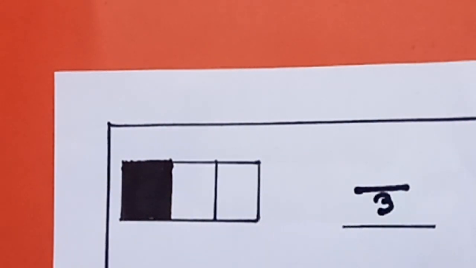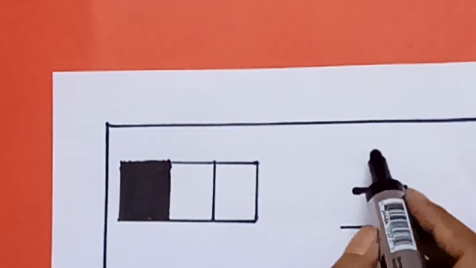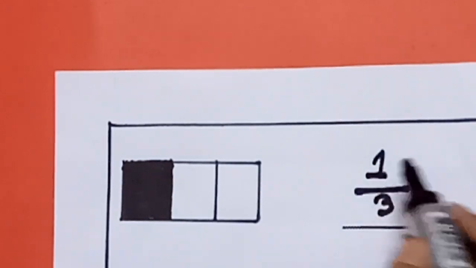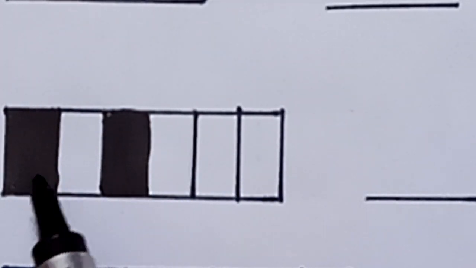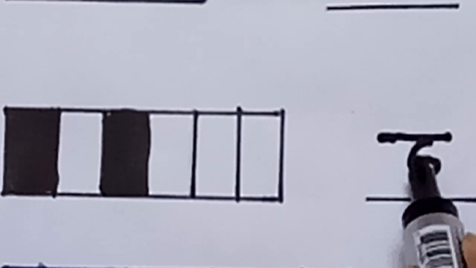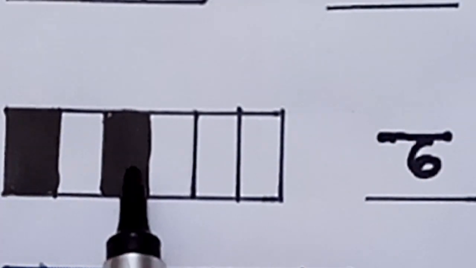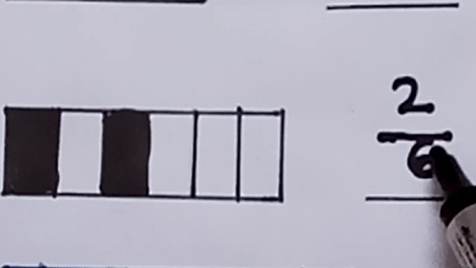Then colored part 1. That's why numerator will be 1. Here total equal parts 1, 2, 3, 4, 5, 6. That's why denominator will be 6 and colored parts 1 and 2. That's why numerator will be 2. The fraction will be 2 by 6.